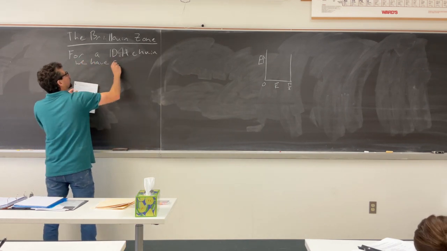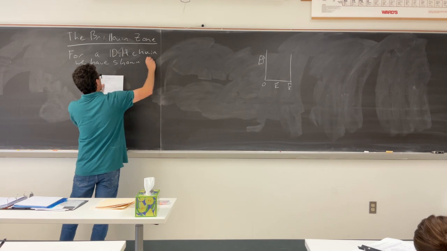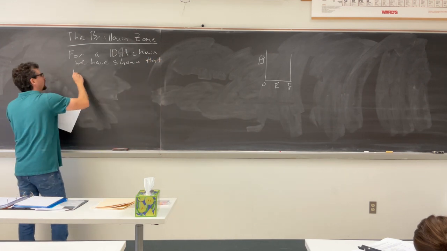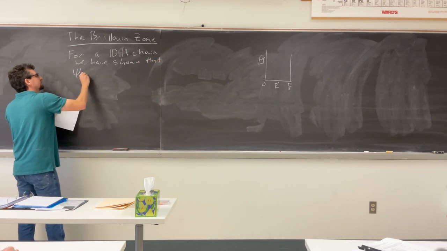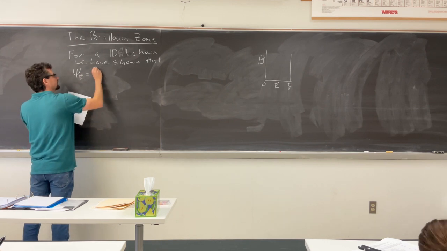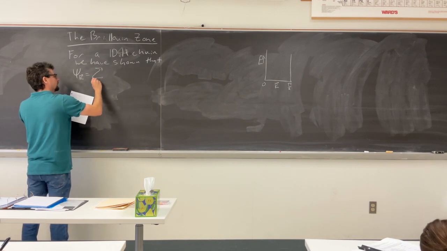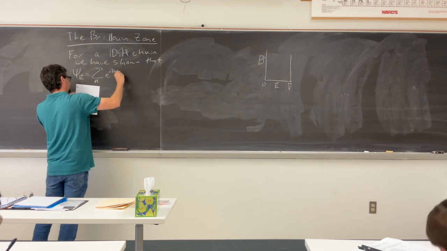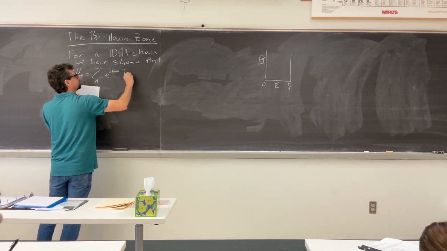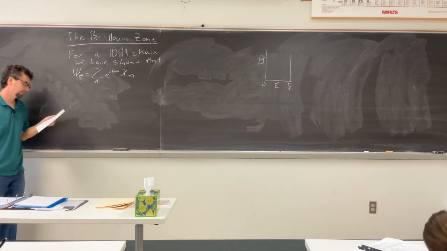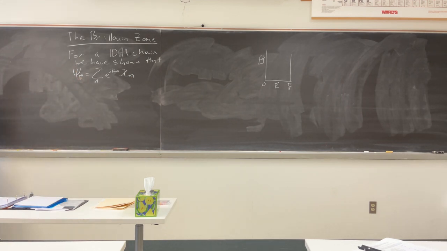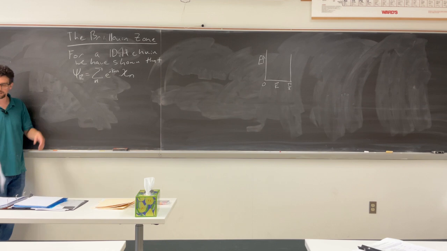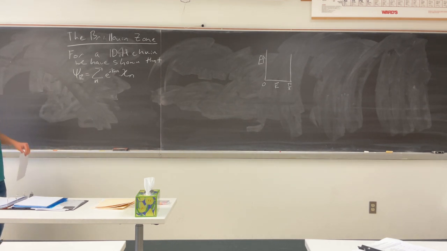We have shown, or at least I told you, that if we're looking at some Bloch function, some wave function, it follows this formula. Okay, what are these things again? Just to refresh our minds.